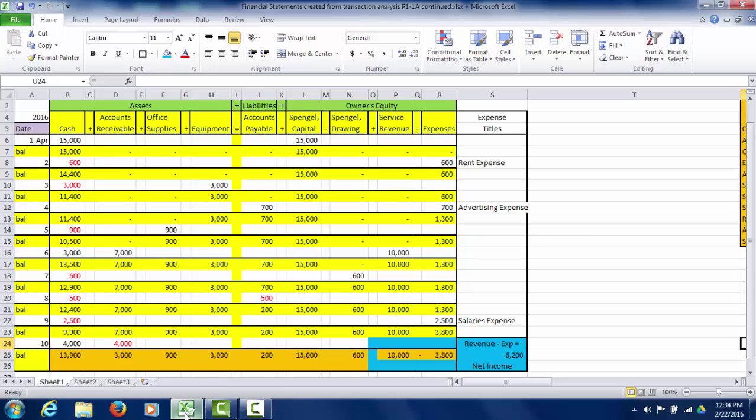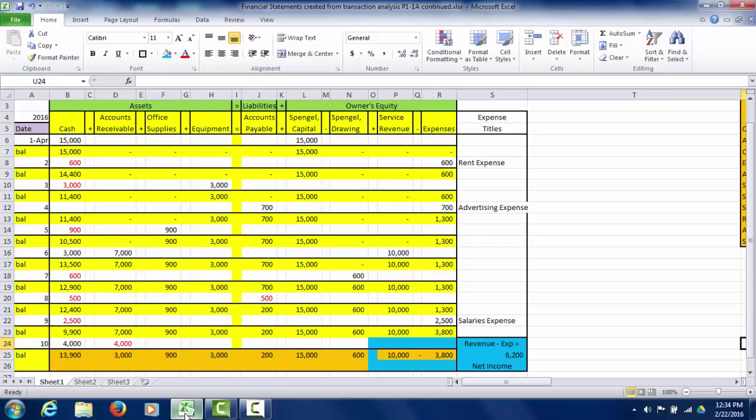Accounts receivable 3,000, office supplies 900, equipment 3,000. We then see our liabilities totaling 200. Our capital ended up with 15,000, drawing 600, revenue 10,000, and expenses 3,800.